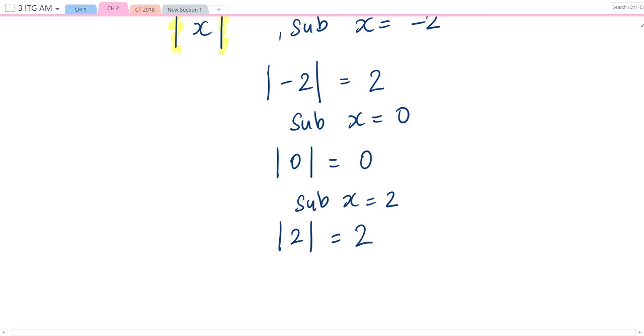We see that over here, in these two cases, there is no effect. The modulus sign does not affect the result in any way. But in this case, what the modulus sign does is to change a -2 into 2.